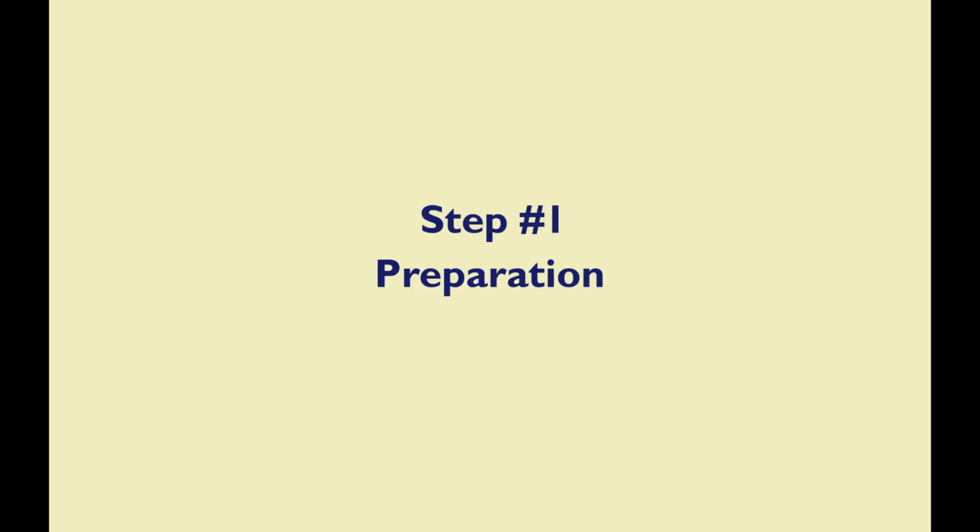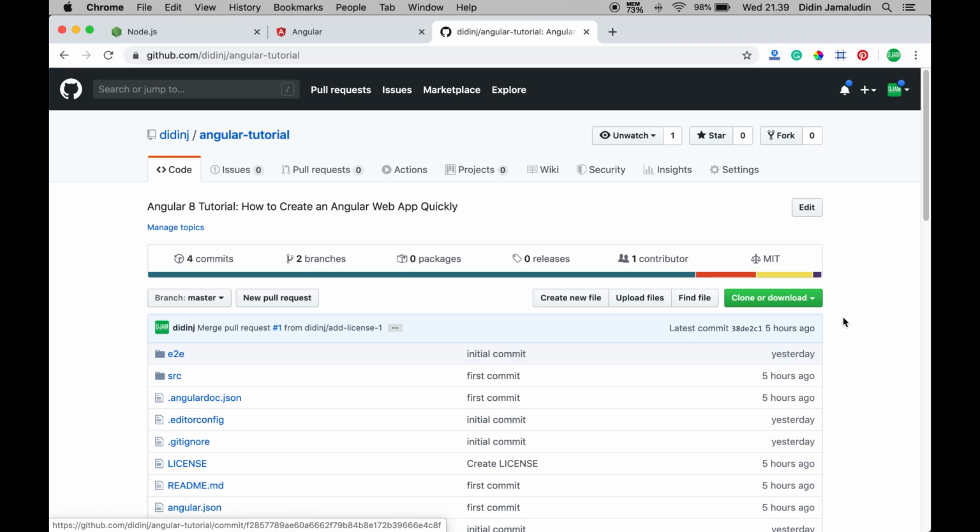Step number 1. Preparation. Now, we are creating an Angular 8 app using Angular CLI, which needs Node.js and npm to install or update it. Make sure you download and install Node.js, npm included, before installing or updating Angular CLI.